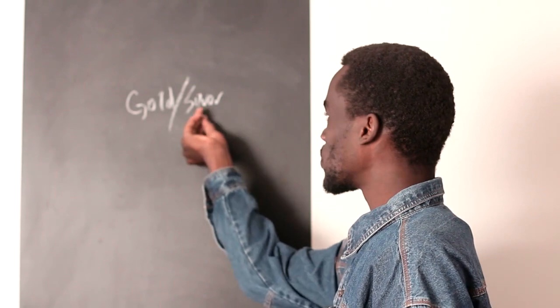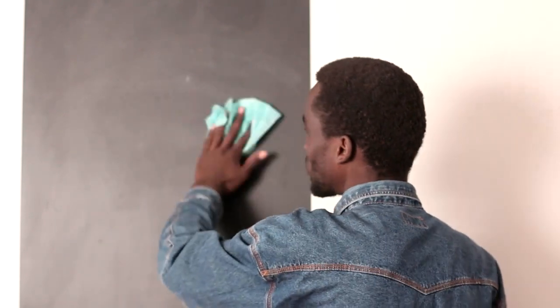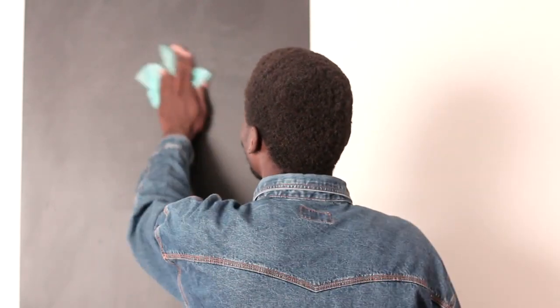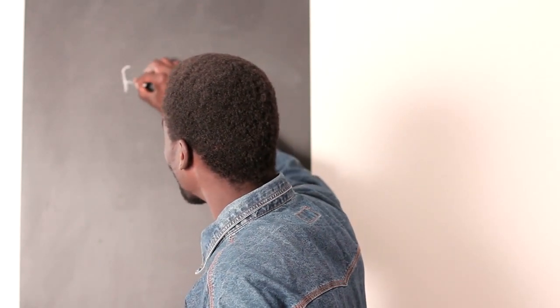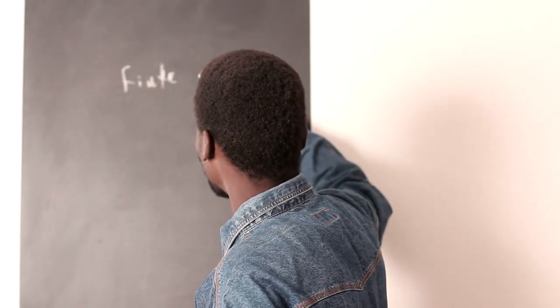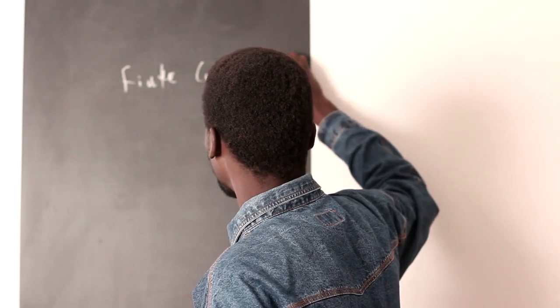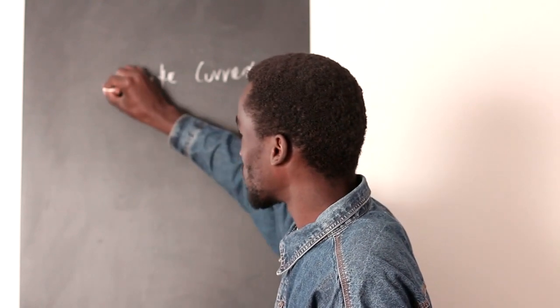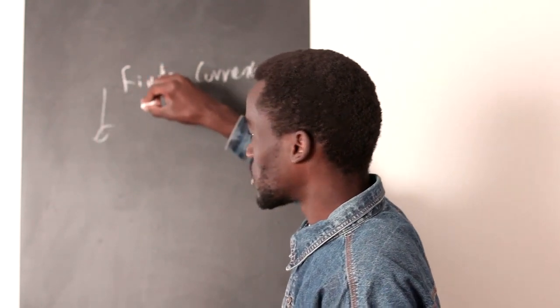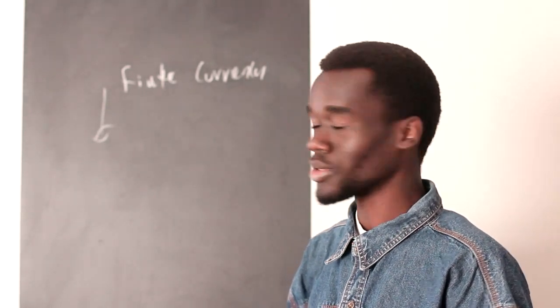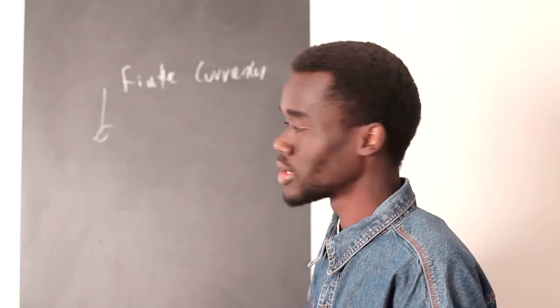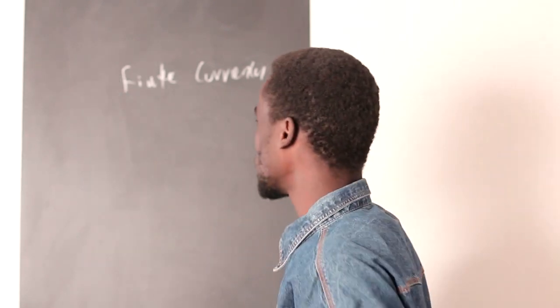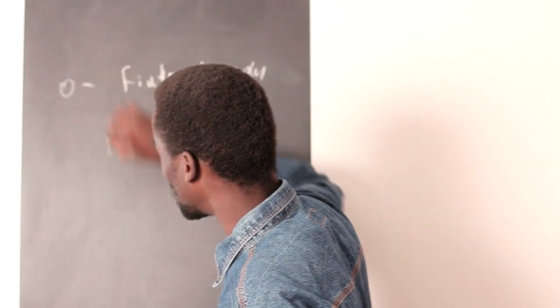So why were they using gold and silver instead of paper currency or fiat currency? Because fiat currency means eventually it's going to devalue at some time. So what do I mean by eventually it's going to devalue? Well, fiat currency starts off at zero.